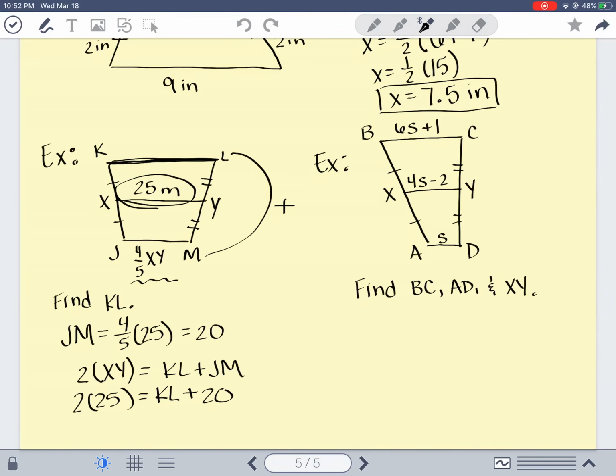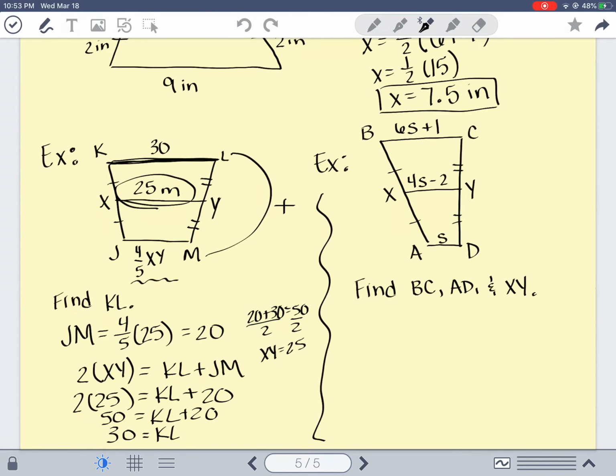We know that 2 times 25 is 50. We subtract that 20 on both sides, and we find that KL is 30. And, of course, we can check. 20 plus 30 equals 50, and then half of that gives us 25, which is exactly what our mid-segment was.